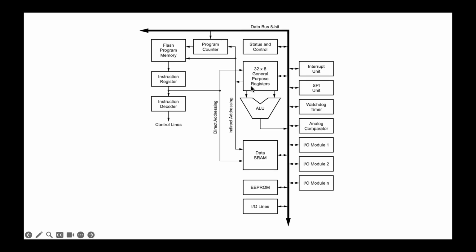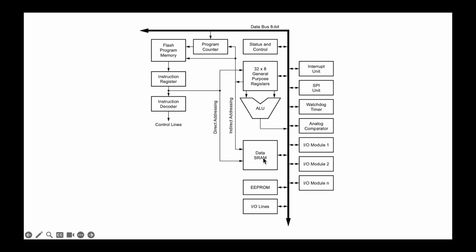We have the general purpose registers right here. We got the arithmetic logic unit, which takes 2 operands at any time. We got the data SRAM, which we use to store dynamic data, stack information and similar things.